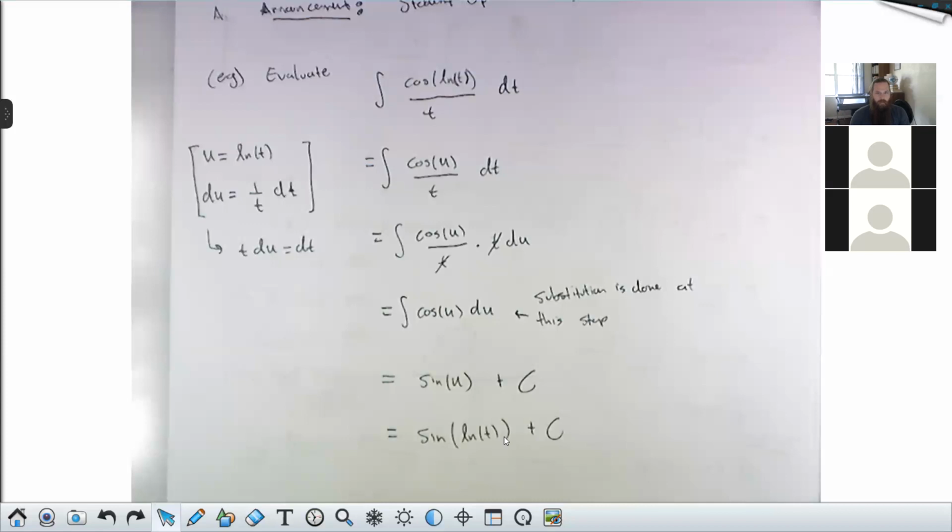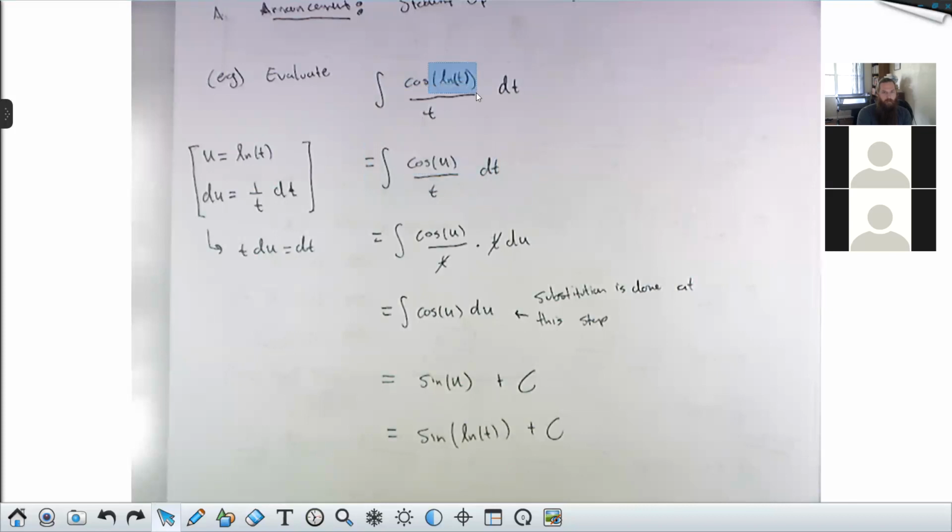Nothing mortally challenging here. The term from the differential canceled with the extra copy of the old variable that was left over, right? At this stage, we should be concerned. We should be concerned because there's still this t down here. But as always, after plugging in the thing that you're substituting for, right?